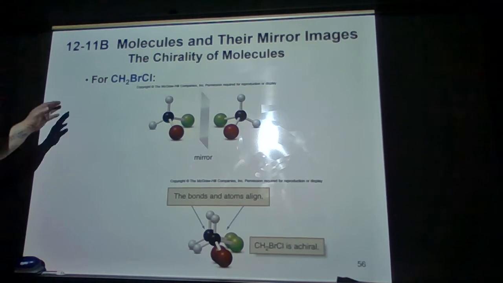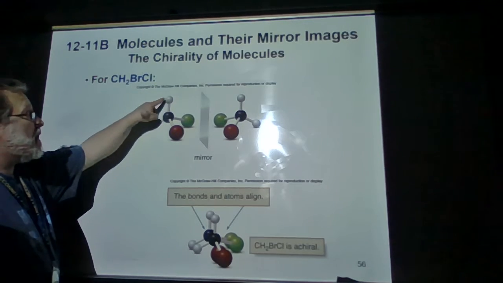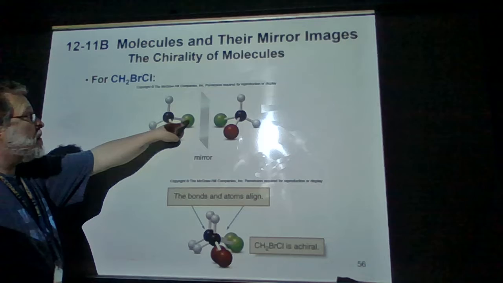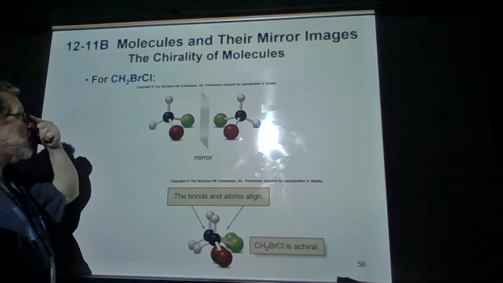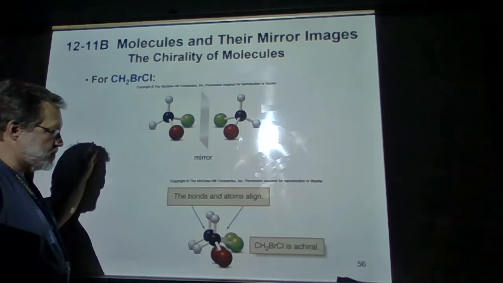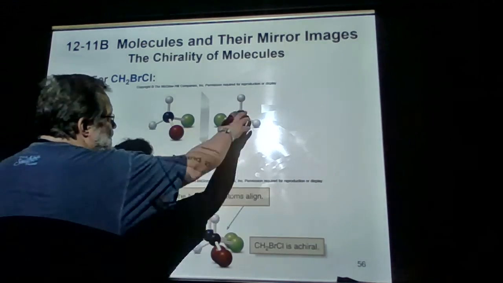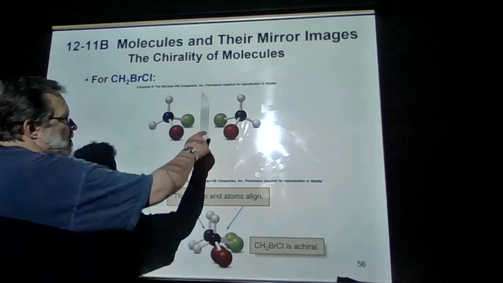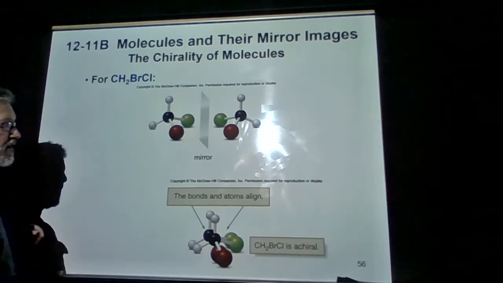For instance, let's look at the molecule CH2BrCl. Carbon is black, hydrogens are white, green is bromine, red is chlorine. They are mirror images of one another. We've constructed these two molecules, so this green corresponds to that in the mirror image.